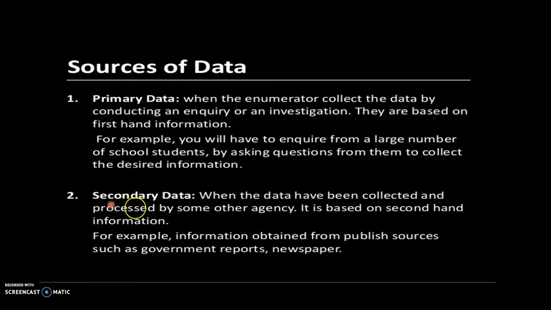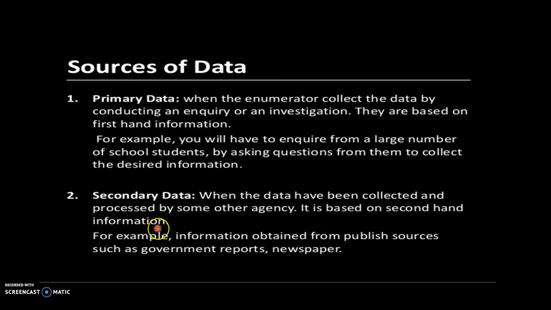Then what is secondary data? If the data have been collected and processed, that means scrutinized and tabulated, by some other agency, they are called secondary data. Once more, when the data have been collected and processed by some other agency, it is based on second-hand information.